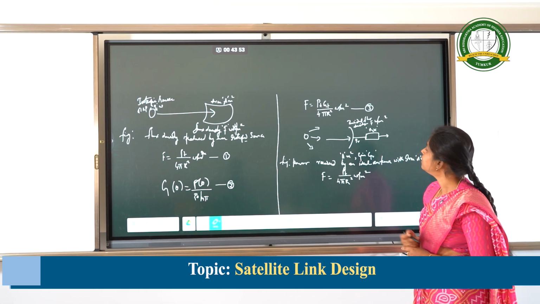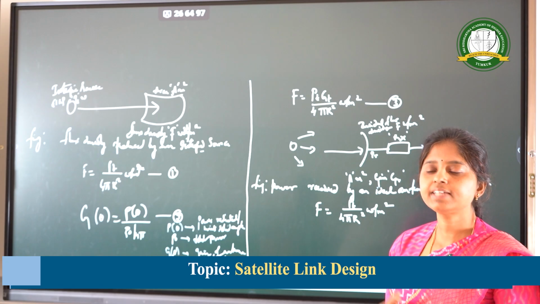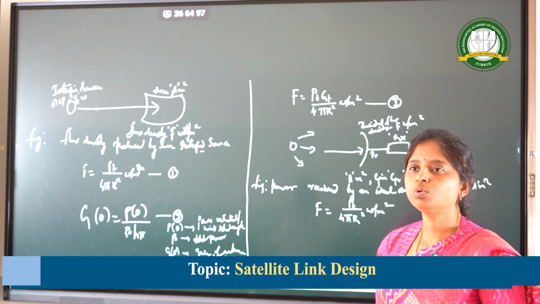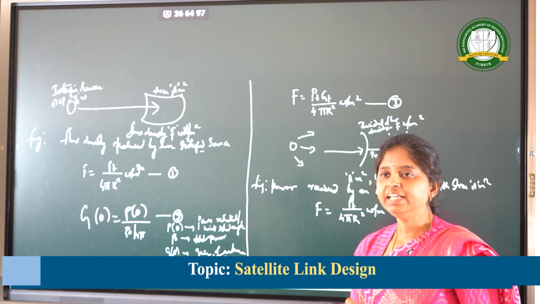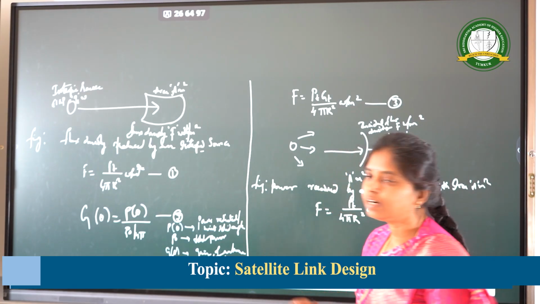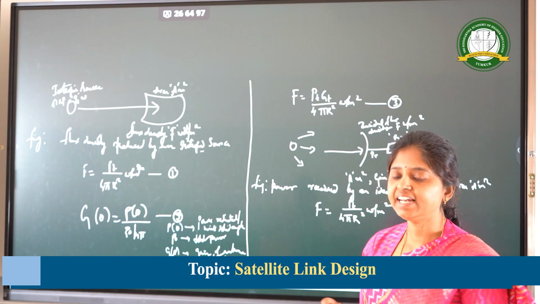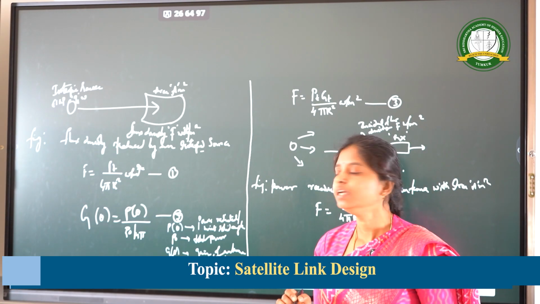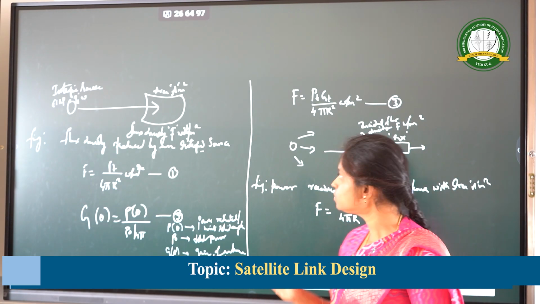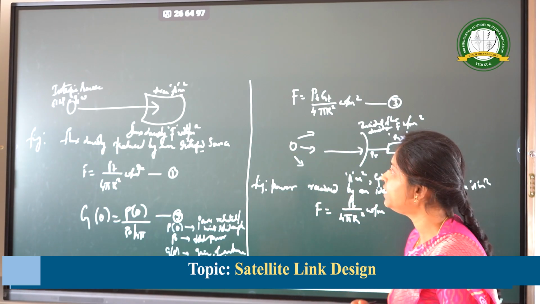Now we will consider how to design a satellite link and arrive at an equation for the link design formula. Consider a transmitting antenna in free space, radiating energy, that is power PT, uniformly in all directions, where PT is the power at the transmitting end.